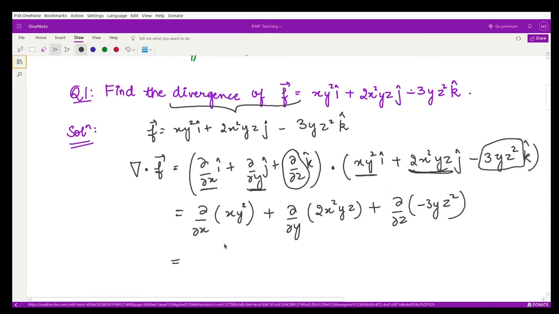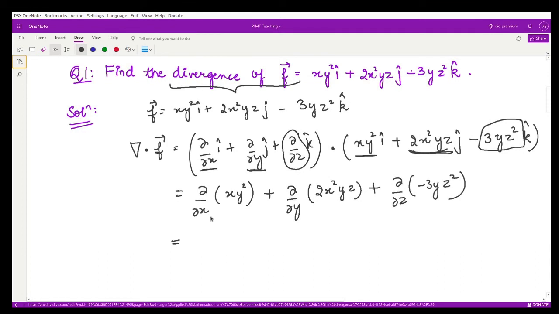Now it is very simple to take these partial derivatives. Here y would be treated as constant, so it would be y square. Then when you take the partial derivative of the second term with respect to y, x and z would be constant, so it would be 2x square z.